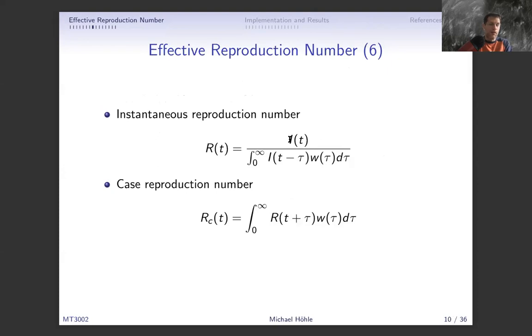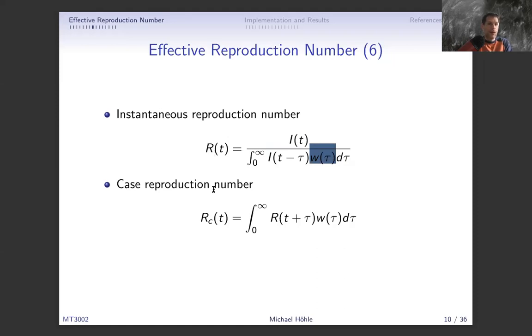It's a fraction where you consider the number of currently infectious versus, let's say, the infection pressure of the past. So you look back in time and see how many secondary cases each of these individuals infectious at time t minus tau will produce, and then you look at the ratio between these two. This is the so-called instantaneous reproduction number.